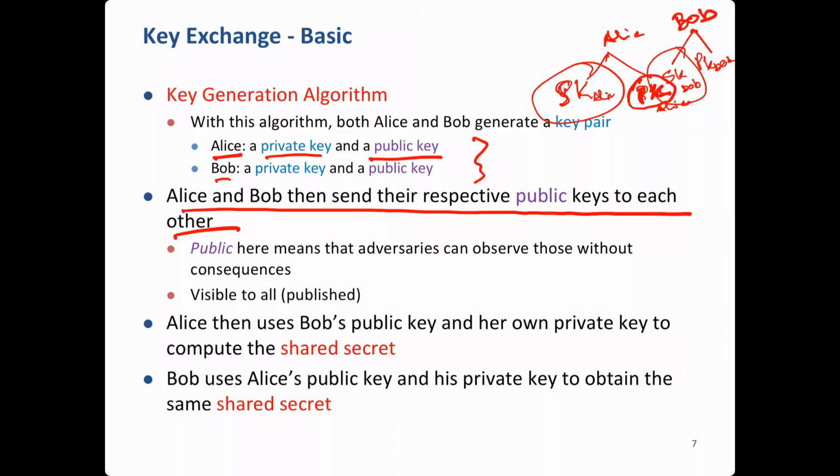Now Alice uses Bob's public key, which she has received correctly, and her own private key to compute a shared secret. Similarly, Bob uses Alice's public key and his own private key to obtain the shared secret.